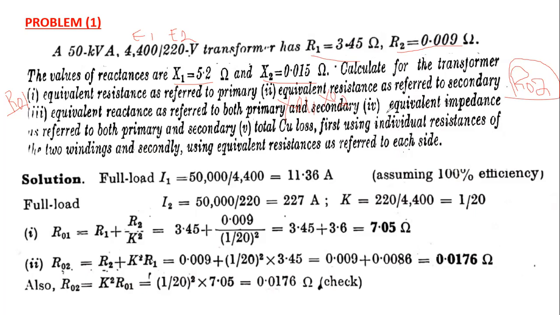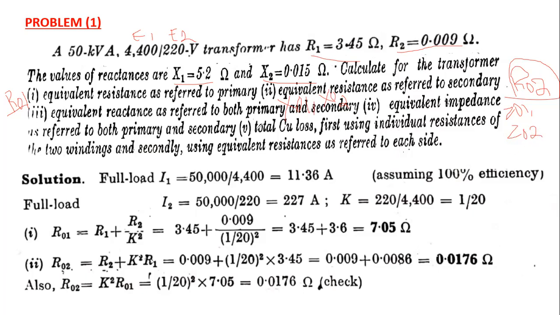Next, the fourth is the equivalent impedance referred to both primary and secondary, that means we determine Z01 and also Z02.